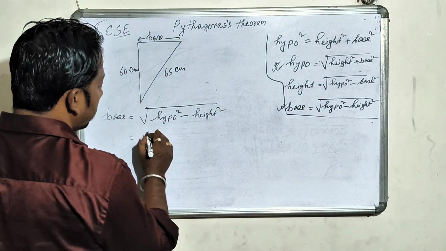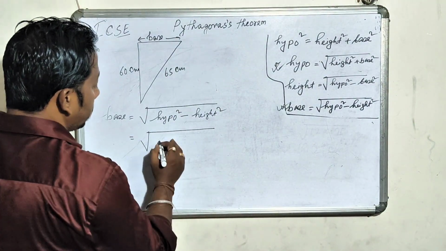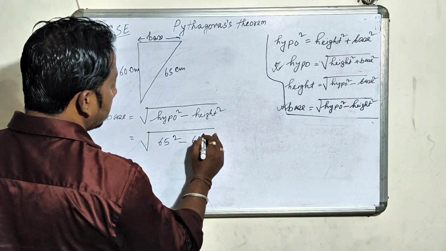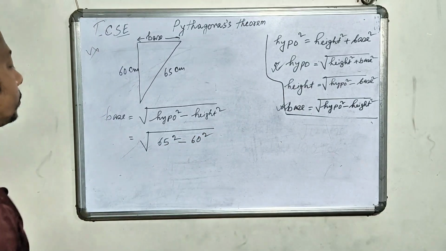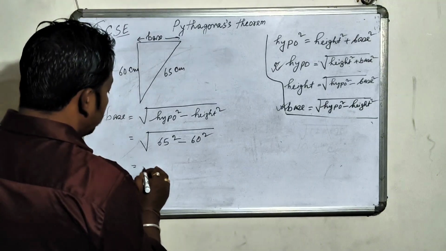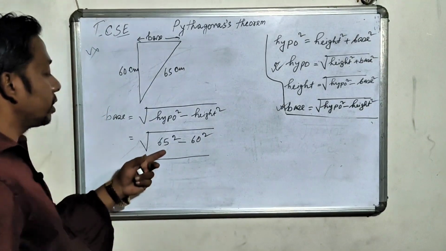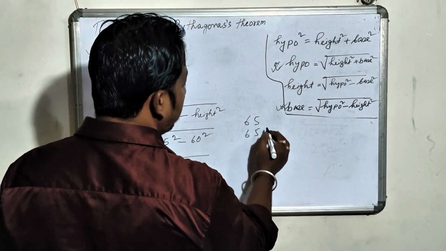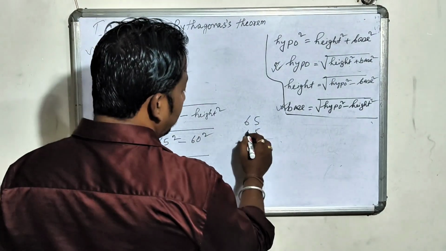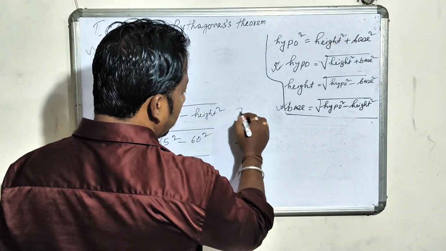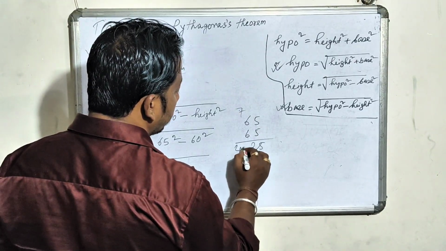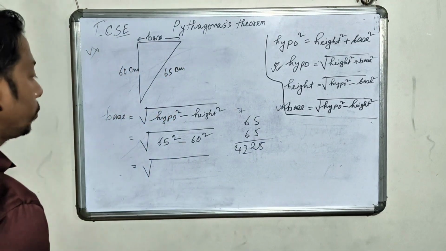That should be hypo square, means 65 square minus 60 square. How to find out the 65 square? It's very easy. Write down the 65 with the same value, then simply 5 5 is 25, 6 5 is 30, plus 3 is 33... 4225.